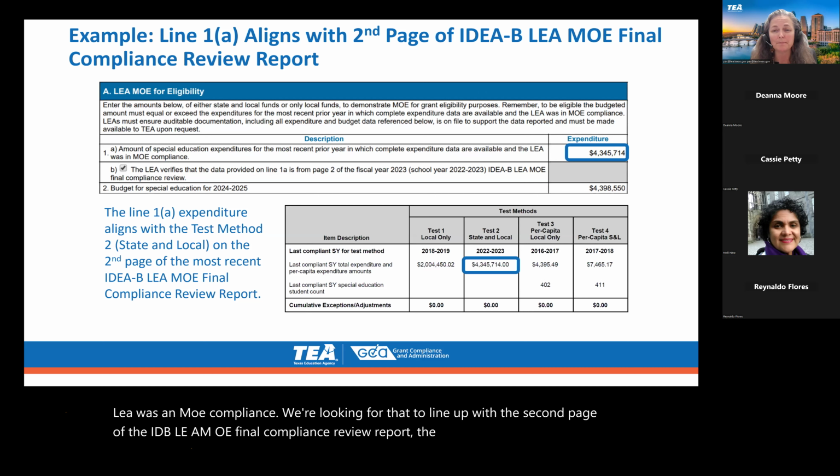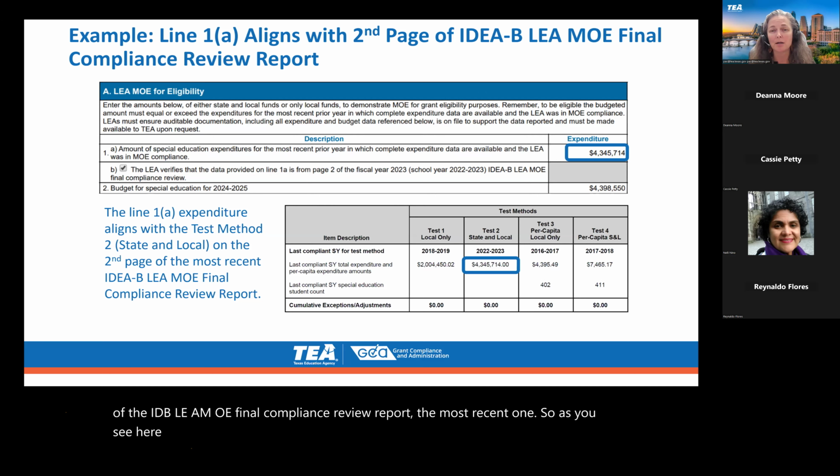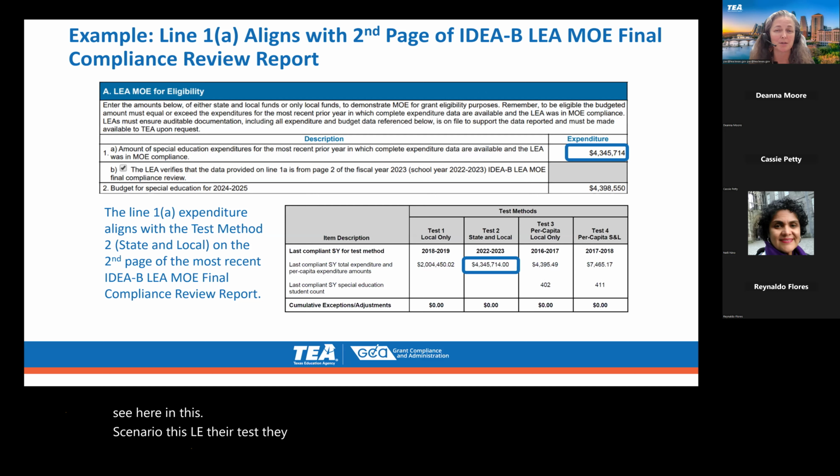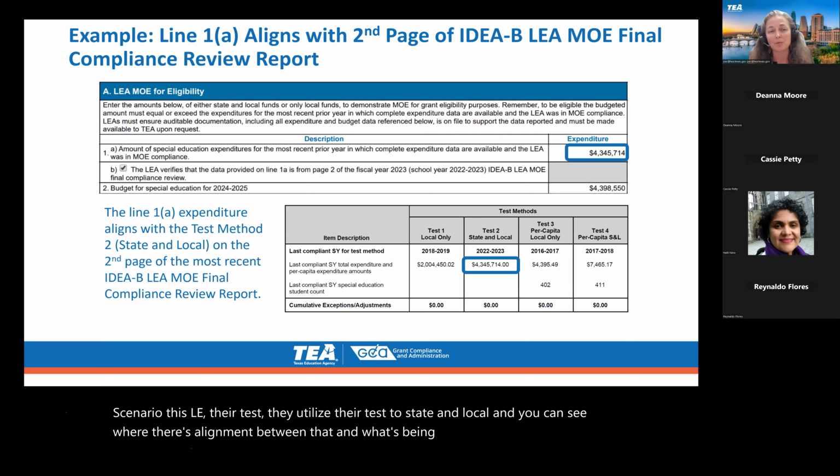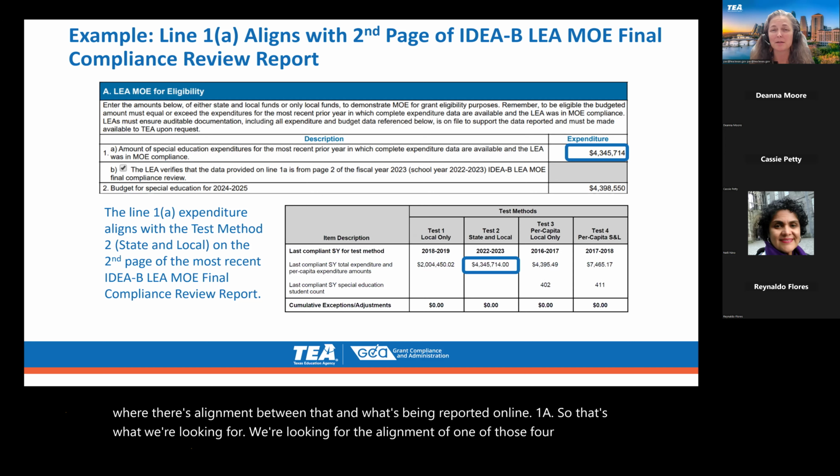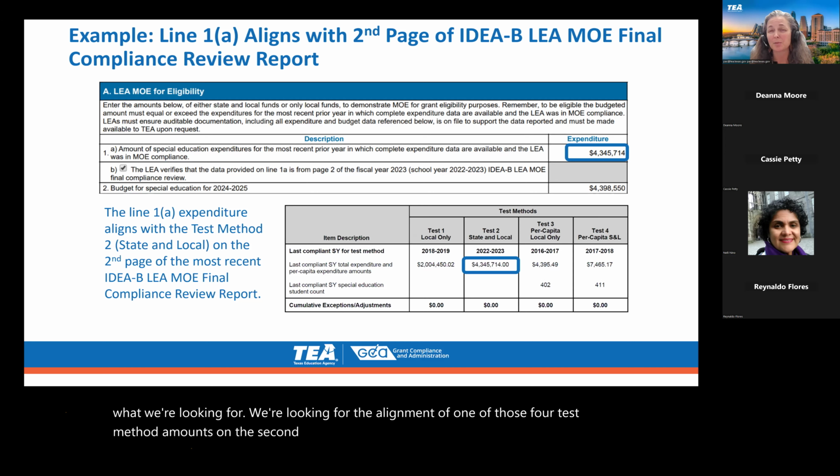You see here in this scenario, this LEA utilized their test 2 state and local, and you can see where there's alignment between that and what's being reported on line 1A. So that's what we're looking for: the alignment of one of those 4 test method amounts on the second page of the most recent Final Compliance Review Report with what was reported on line 1A.